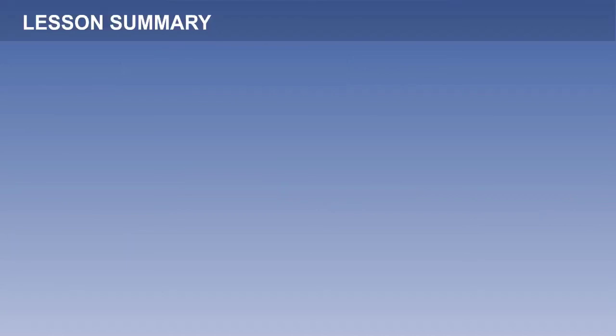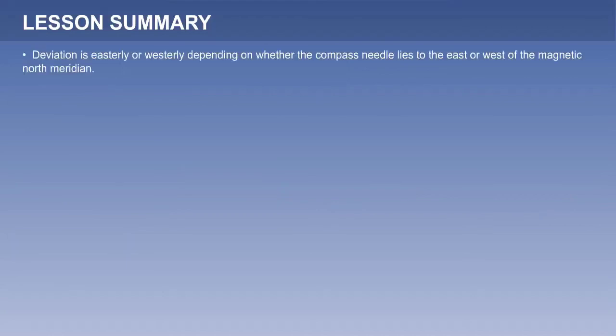A summary of the main points of the lesson is: deviation is classed as easterly or westerly depending on whether the compass needle lies to the east or west of the magnetic north meridian. The resulting direction in which the magnetic compass points is known as compass north.